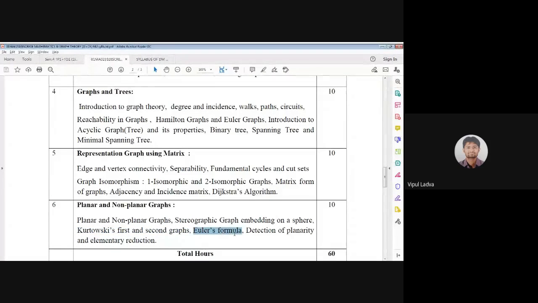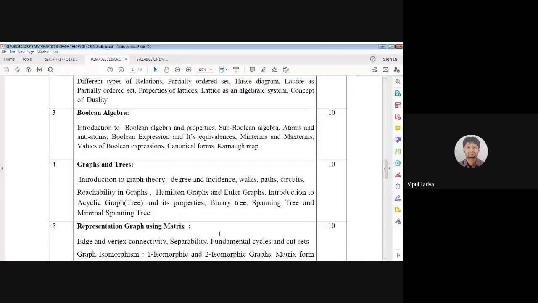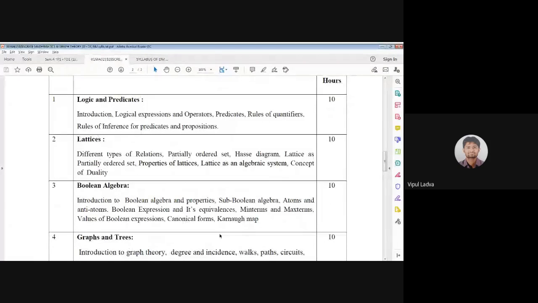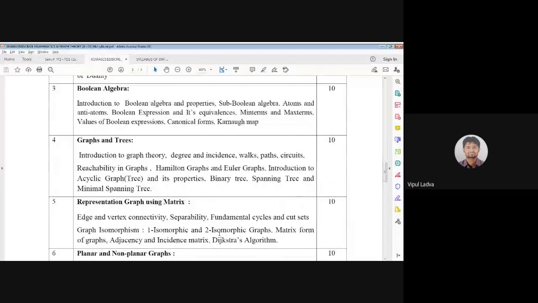And Euler's formula to identify whether the provided graph is planar or not. If we wish to decide whether a graph is planar or non-planar, we may use this particular formula. So this will be the content which we are going to cover in this whole semester.